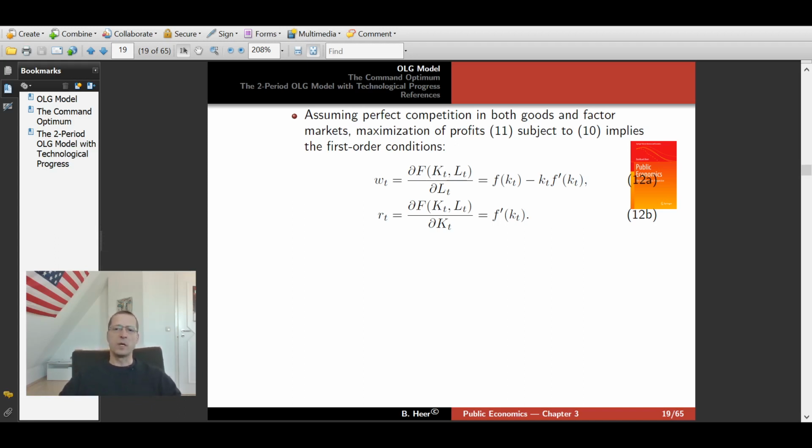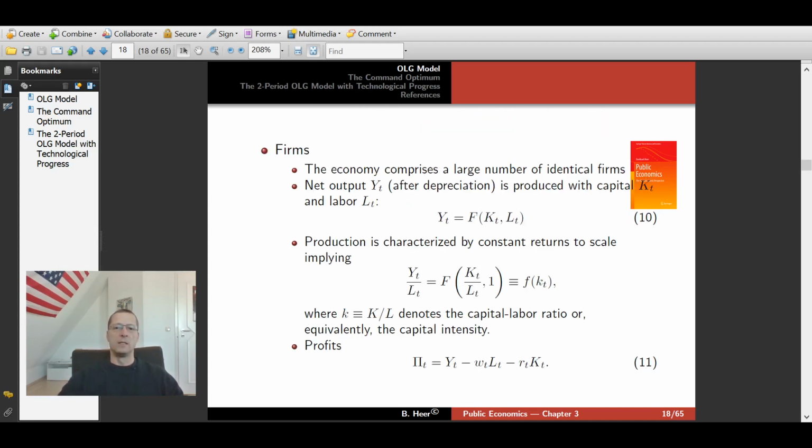So I often talk about per capita production when I talk about f. More accurately, it is the production per young worker, because we have normalized the labor supply of each worker to 1 unit. L measures both aggregate labor and the number of workers.